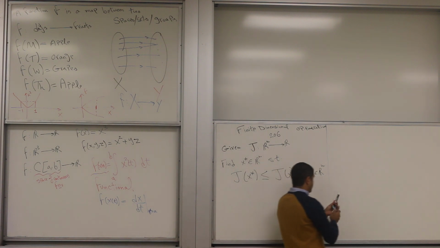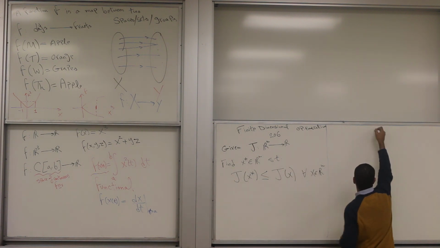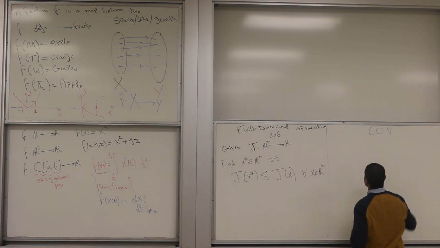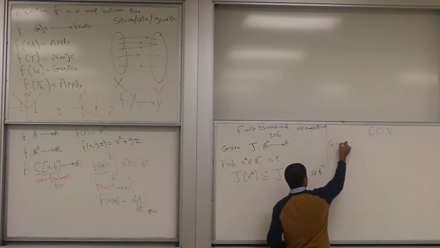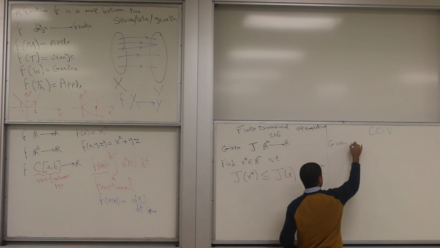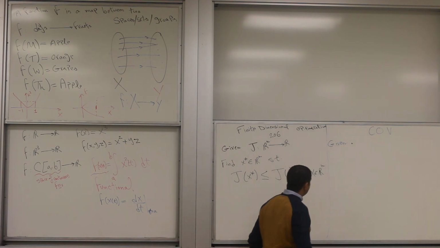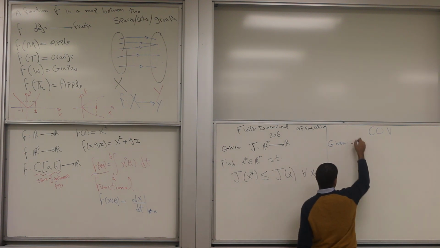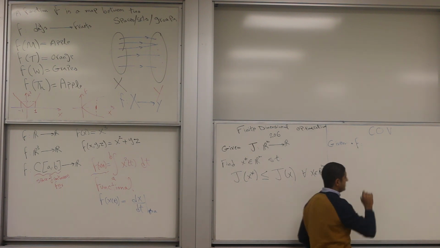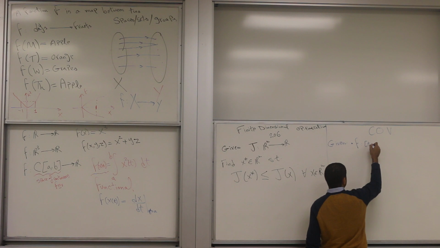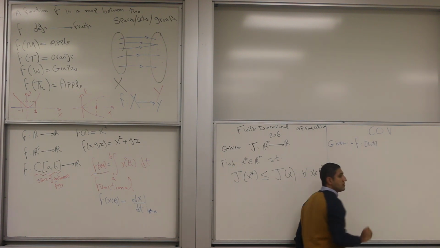So calculus of variations, on the other hand, what are we given? We're given a bunch of things, actually, not just a single function. First, I'm given f, some f, that's a function of three variables. First is something in this interval between t0 and t1.